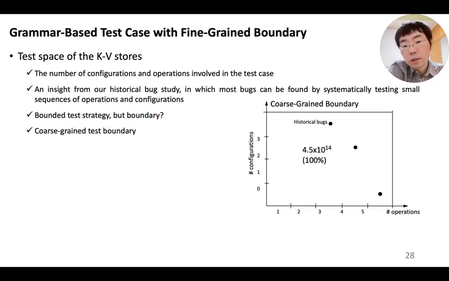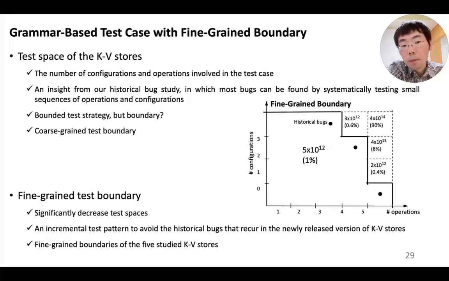One way is to use a coarse-grained test boundary to cover all historical bugs. But we can go further by using a fine-grained test boundary that just covers all historical bugs regarding the configurations and operations.